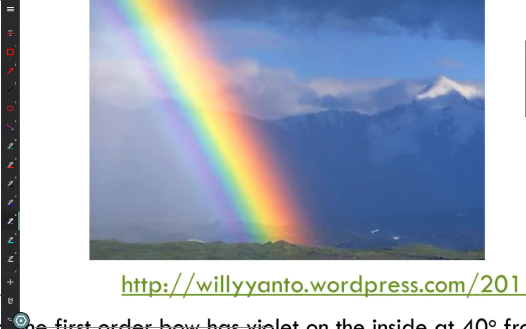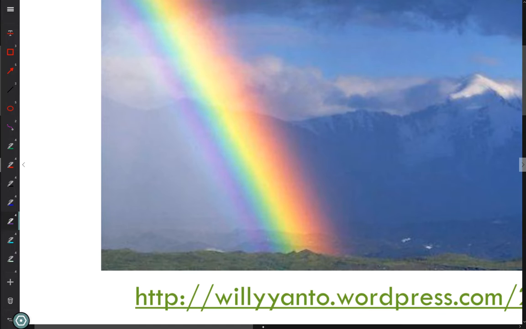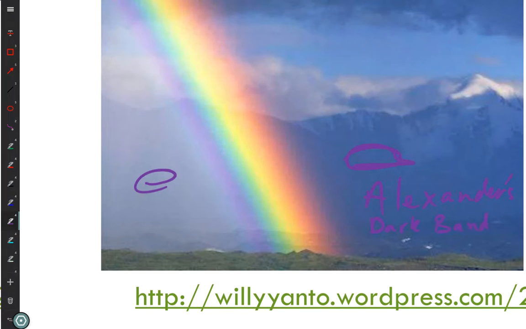Now, if you look in this picture, something that's cool to notice, do you see a difference between the light here and the light here? What's different? Starker. This region here is actually called Alexander's dark band, not to be confused with his ragtime band. It's called Alexander's dark band because the dude, last name of Alexander, noticed it.